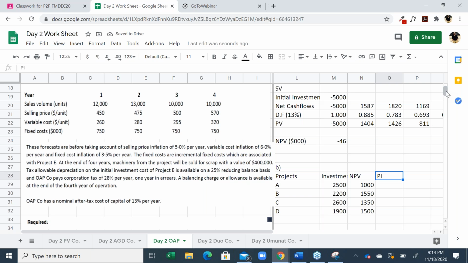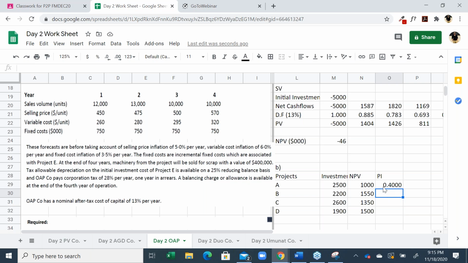What is profitability index? We are getting $1 million of NPV against the investment of $2,500, right? So we need to divide NPV by the amount of investment to see how much NPV we are getting by investing $1 of investment. So if we invest $1, how much are we going to earn? So better to write PI to 4 decimal places.